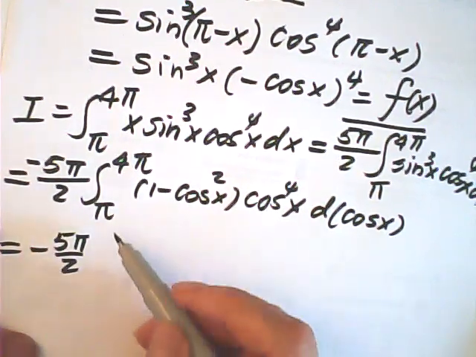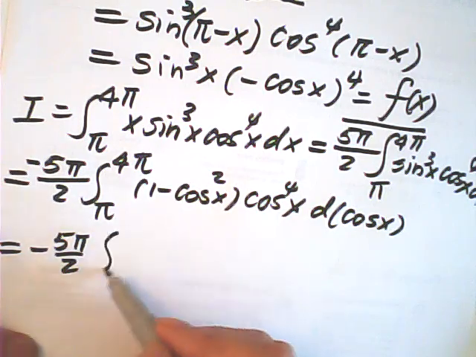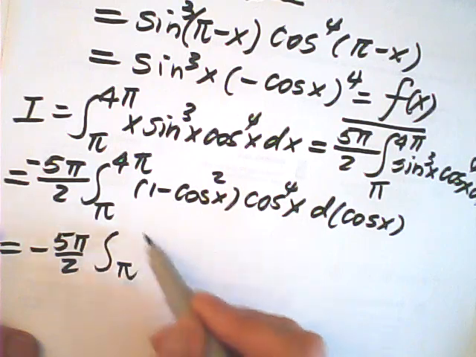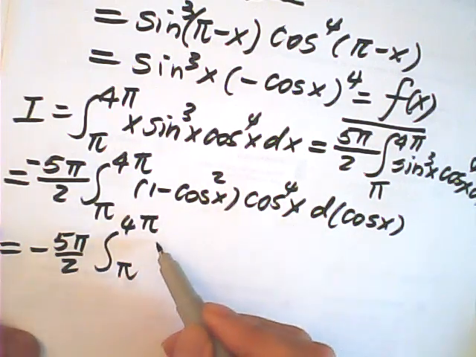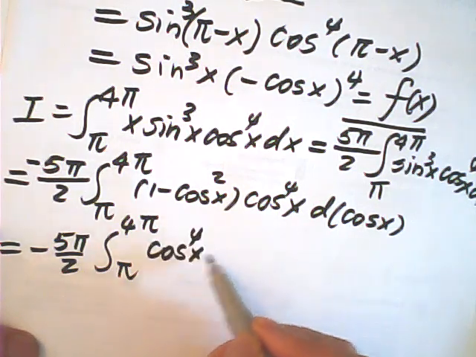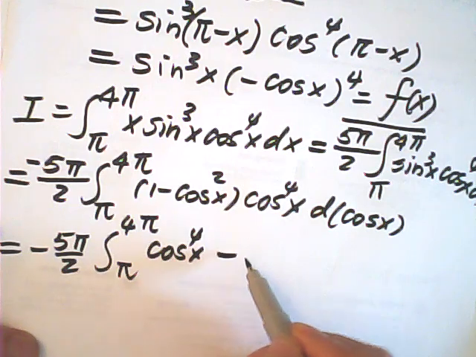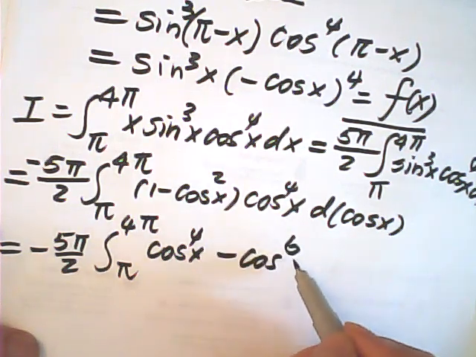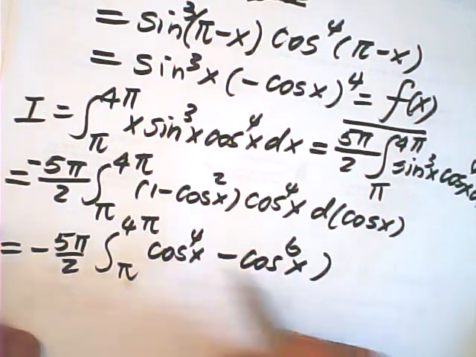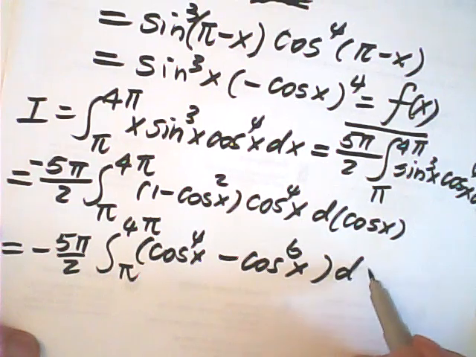So this one equals negative 5 pi over 2 times the integral from pi to 4 pi of cosine fourth x minus cosine 6x d cosine.